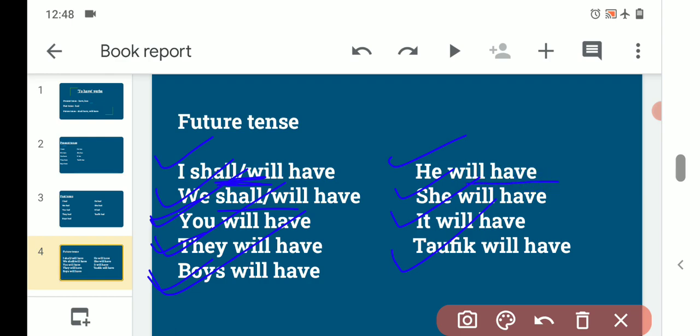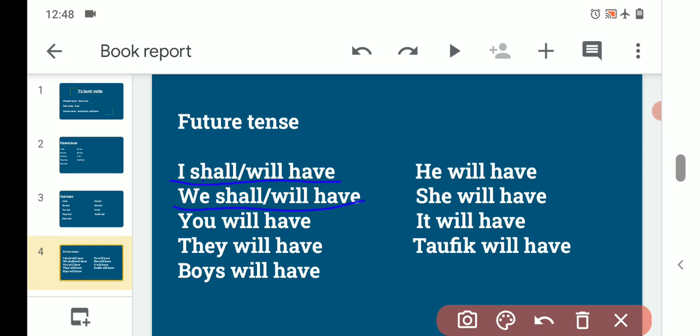It means we can use, or we have to use, will have with all the subjects. But just for making a separation for first person pronouns, we can say I shall have or I will have, we shall have or we will have.